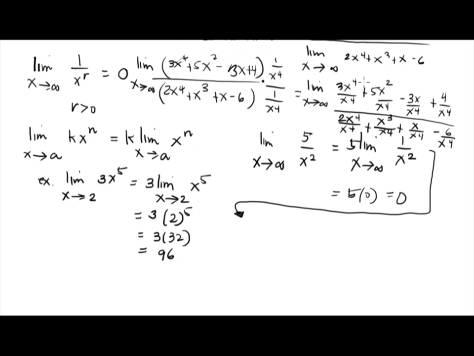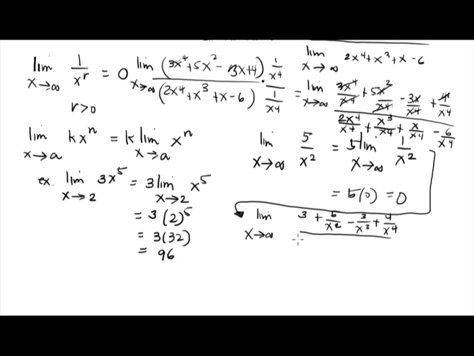But from here, let's simplify it first. Limit as x approaches infinity. The numerator will become 3 plus 5 over x squared, minus 3 over x cubed, plus 4 over x to the 4.